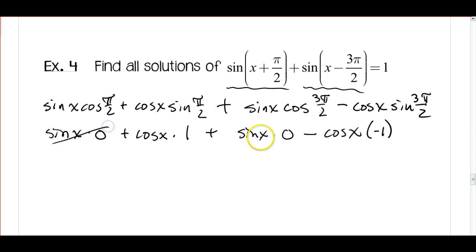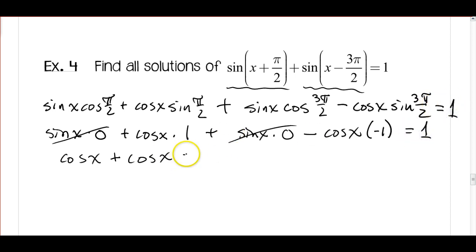So this goes away, this goes away, this is going to change to a positive, so I end up with cosine x plus cosine x, and it's equal to 1, don't forget that. So 2 cosine x is equal to 1, which means that cosine x is equal to 1/2.